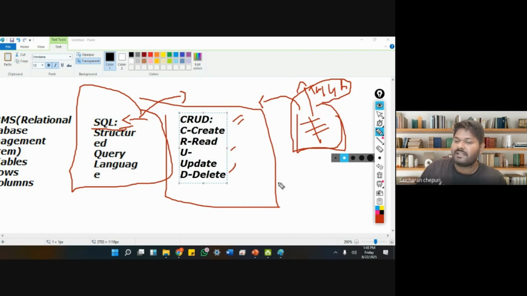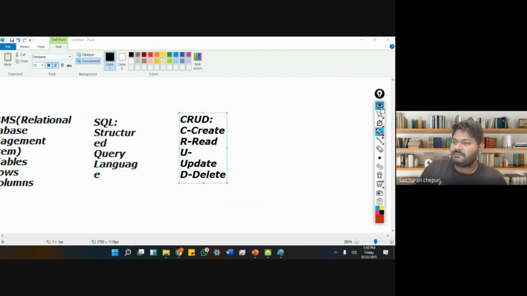RDBMS is nothing but Relational Database Management Systems, like Oracle, SQL Server, PostgreSQL. All of these are softwares that are used to manage your databases within a server.